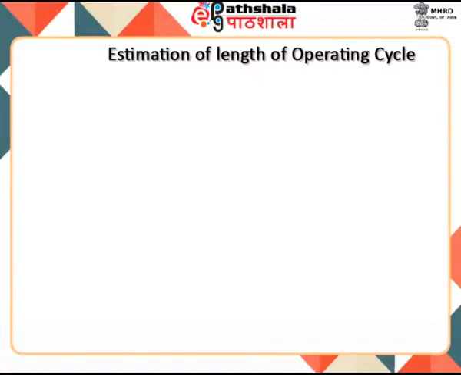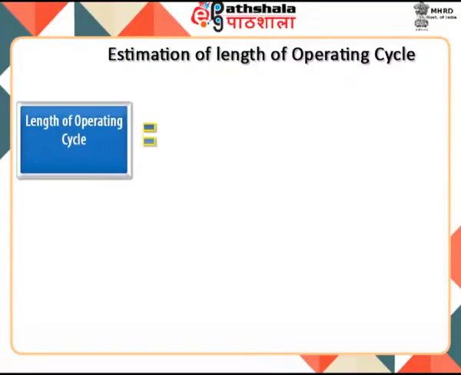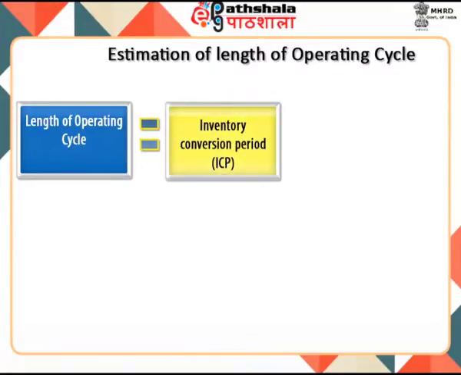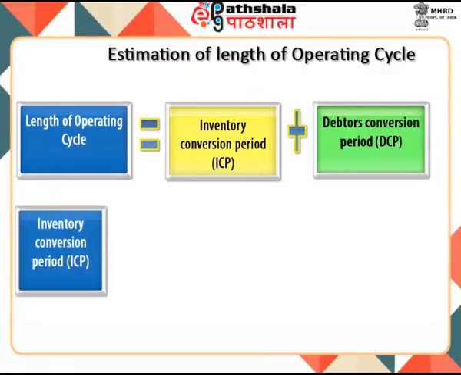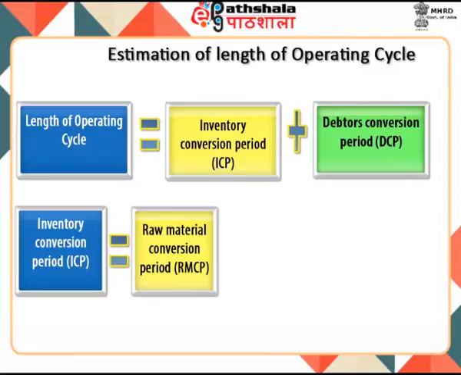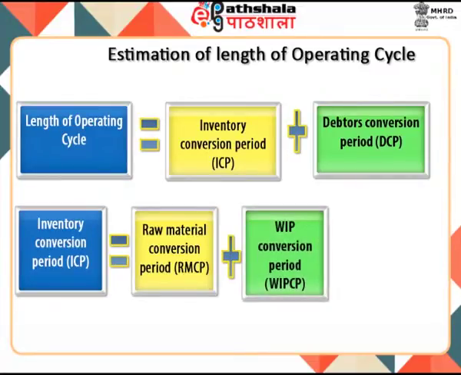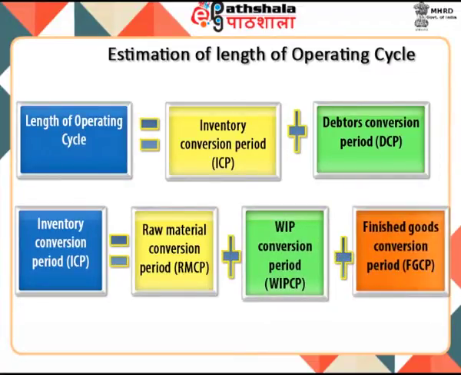Thus, the operating cycle includes converting cash to inventories and debtors to cash. The length of the operating cycle is the sum of inventory conversion period and debtors conversion period. Inventory conversion period is further equal to the sum of raw material conversion period, work in progress conversion period, and finished goods conversion period. Now, we shall proceed to understand how these ratios can be calculated.